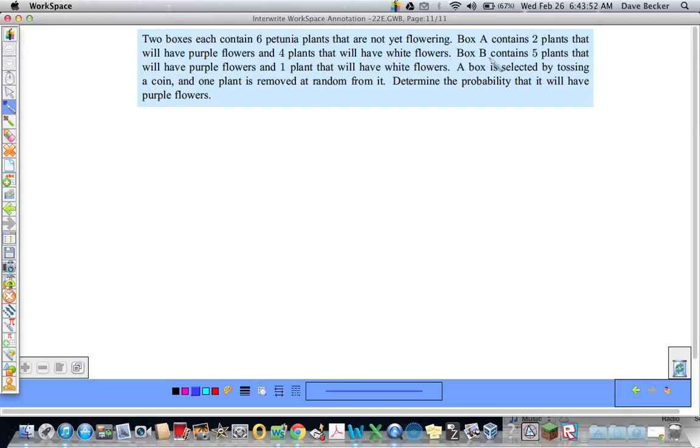Box B contains 5 plants that will have purple flowers and 1 plant that will have white flowers. A box is selected by tossing a coin, so either box A or box B is chosen, and they have an equal chance of being chosen. And then 1 plant is removed at random from it. Determine the probability that it will have purple flowers.